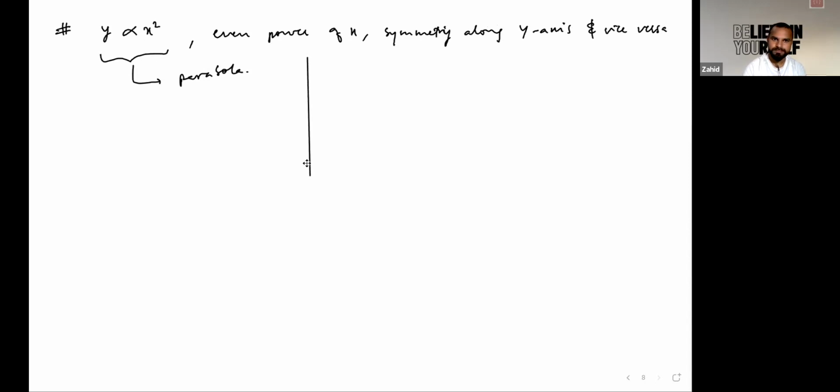What do you mean by parabola? Since y is proportional to x square, there will be symmetry along the y-axis, so it will be termed this graph. Is it clear? Yes, sir.